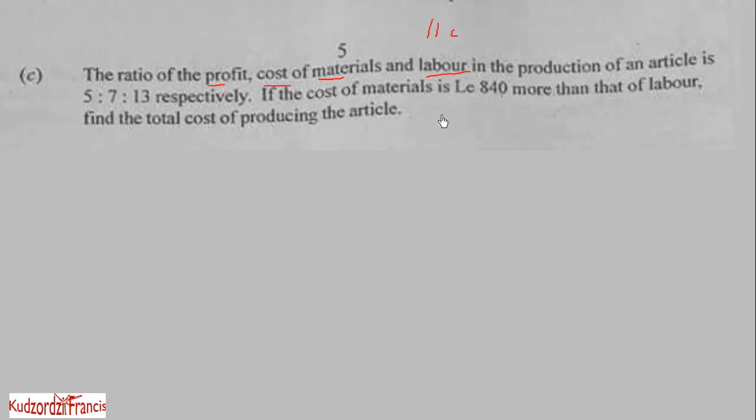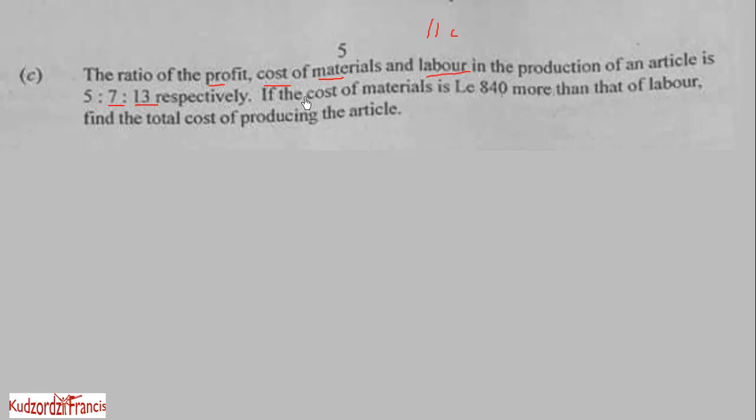So, if you analyze the question carefully, it said the cost of material is to that of labor is in the ratio 7:13. So that means that there's no way the cost of material will be greater than the cost of labor.